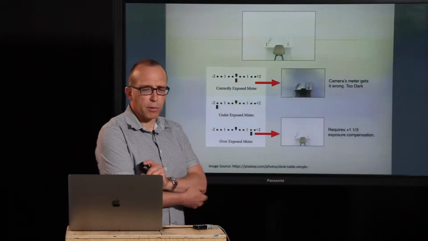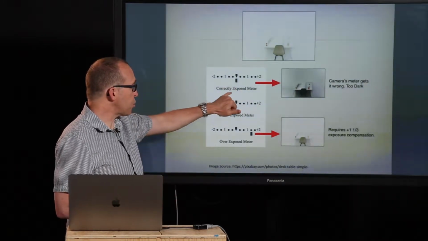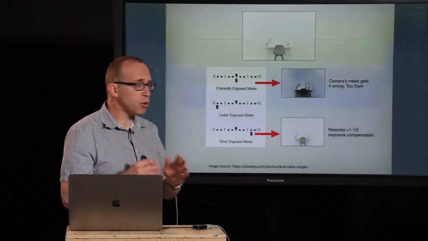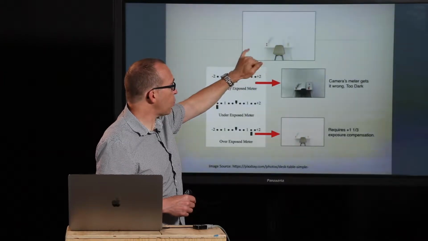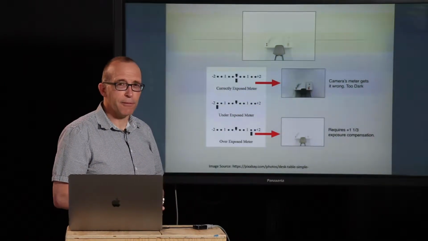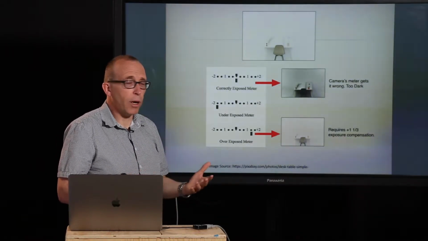So here's probably a better example. If you were to leave your exposure compensation centered in its neutral position, and you were to photograph something like this, a white wall with a white desk and a white picture frame, it's a very bright scene, but that's the way it's supposed to be. The wall's white.